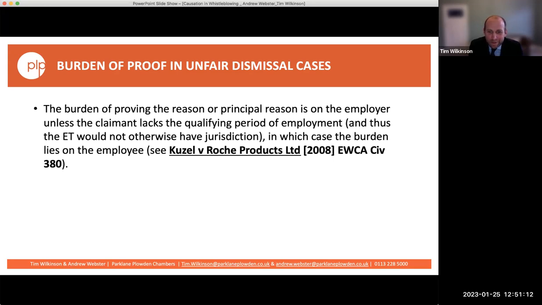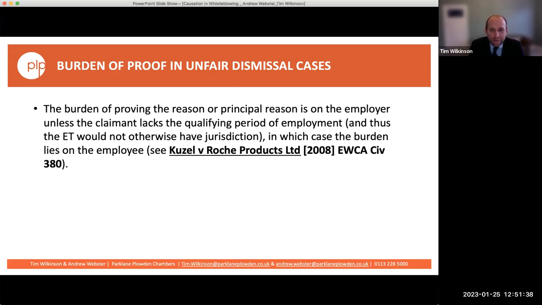Causation actually is discussed in Serco. So if you're going to read one of them, probably better to read Serco than Causation. But it does tell us that it's for the employee, firstly, to put in issue the reason for the dismissal, but thereafter the ET is going to hear and consider evidence from both sides, and it's going to make primary findings of fact as to the reason for the dismissal.